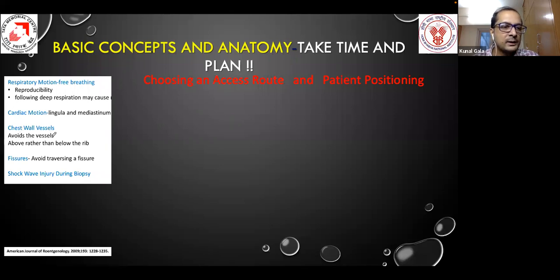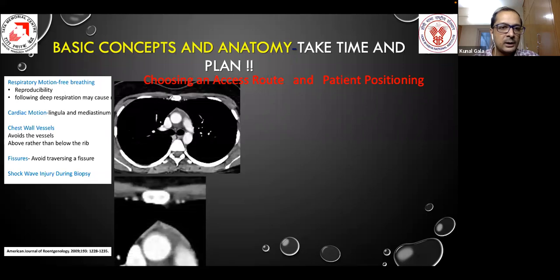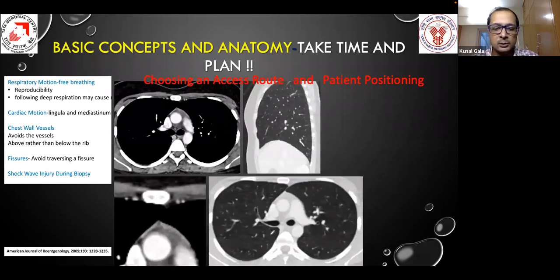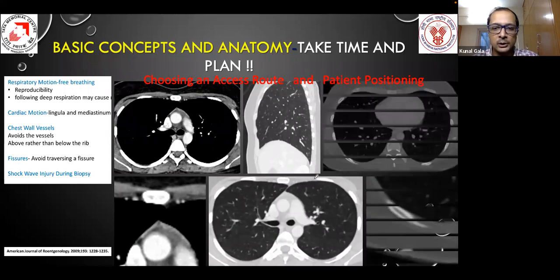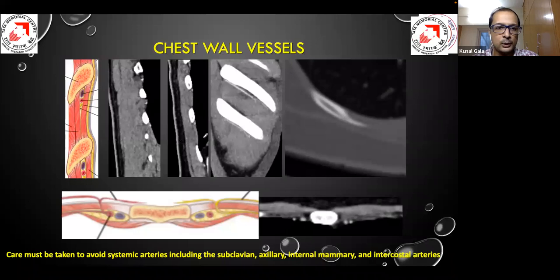One needs to avoid the vessels, the internal mammary vessels which are located close to the sternum, and one needs to be sure about going above the rib or below the rib. That is important. These are the intercostal vessels, which are generally located below the rib surface. So one needs to go from above the rib surface rather than from under the rib surface, so one can avoid this injury.